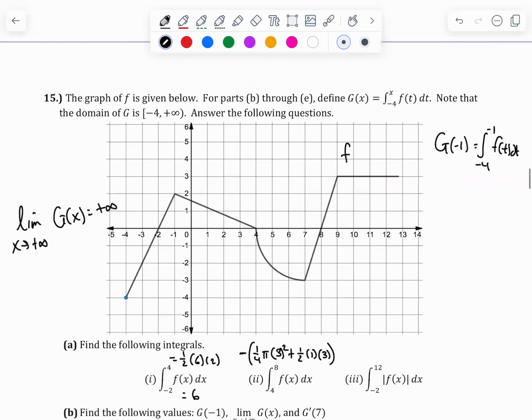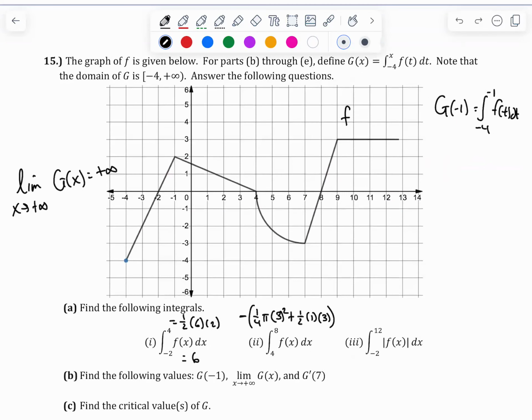Yeah, it says it right here. And g prime of 7. What is g prime? G prime would be the slope of the area function, but we're not given the area function. We're given the function.